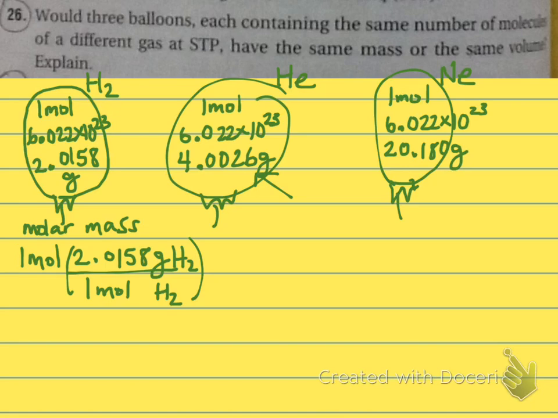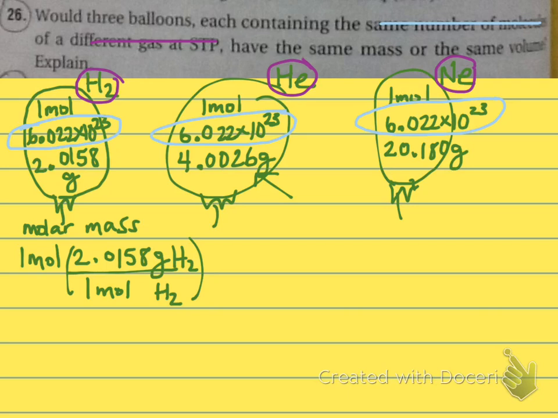Now, the question is, they each have the same number of molecules, which we made sure of, right? They're different gases, right? We made sure of that too. We have hydrogen, we have helium, we have neon. Do they have the same mass or the same volume? Explain.